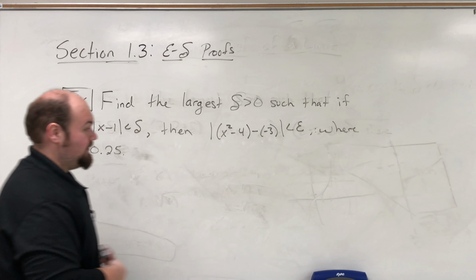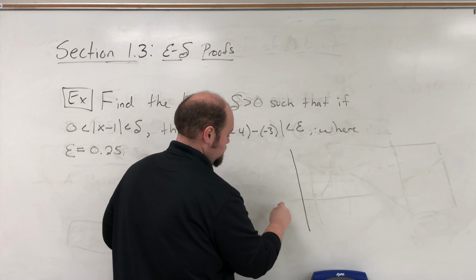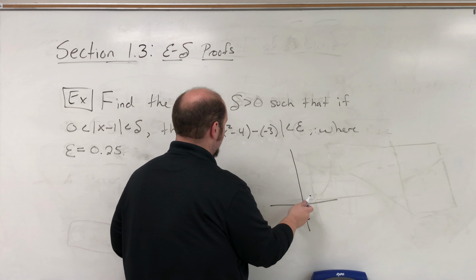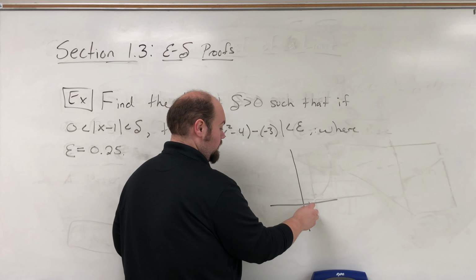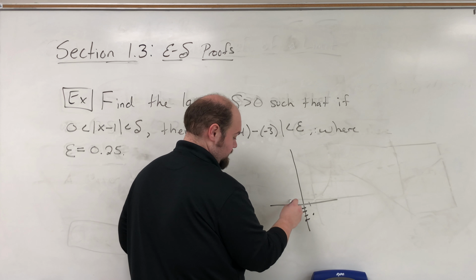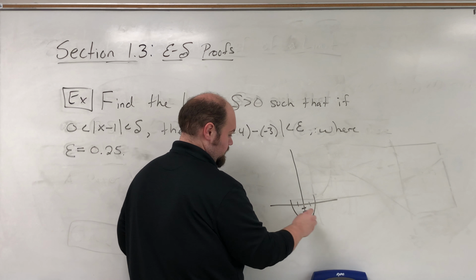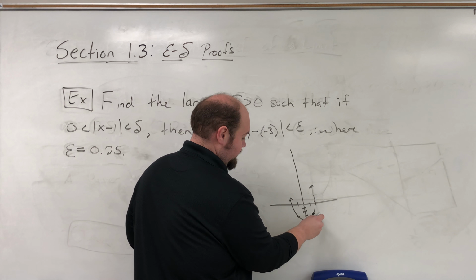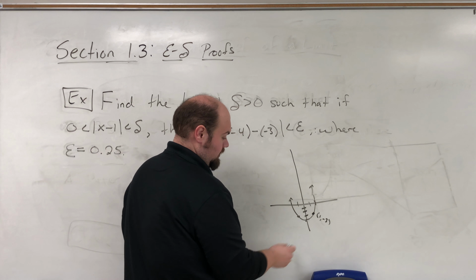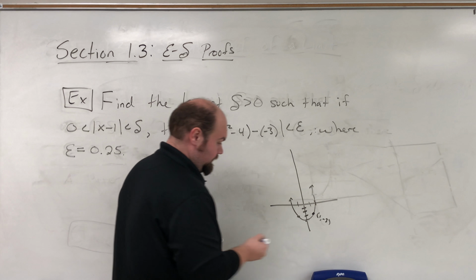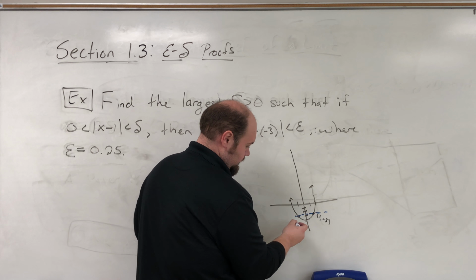All right, so again, if I draw a little picture, at 1, we're at -3. So we're looking at this point right here, 1, -3. We're given an epsilon of 0.25, so we're going to go a quarter above and a quarter below.